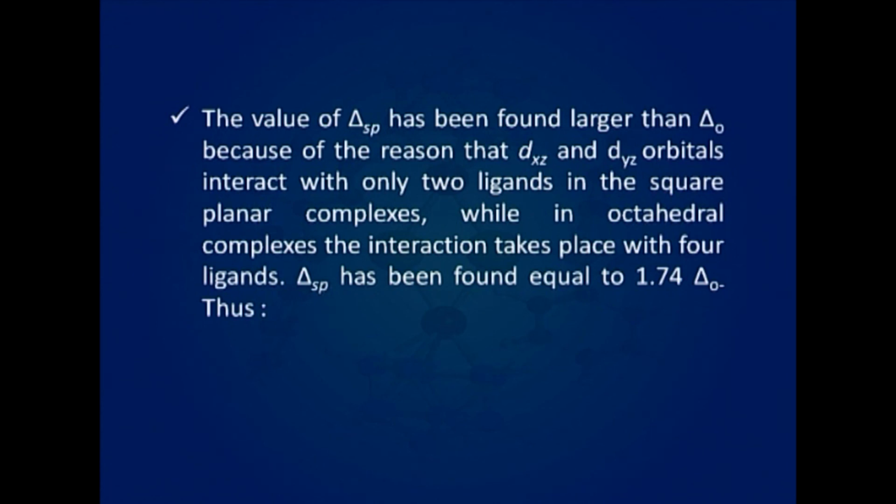Delta Sp has been found equal to 1.74 delta O. Therefore, delta Sp, which is equal to delta 1 plus delta 2 plus delta 3, is greater than delta O, and also delta Sp is equal to 1.74 delta O.